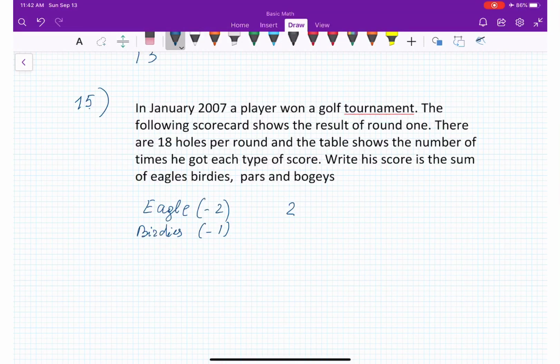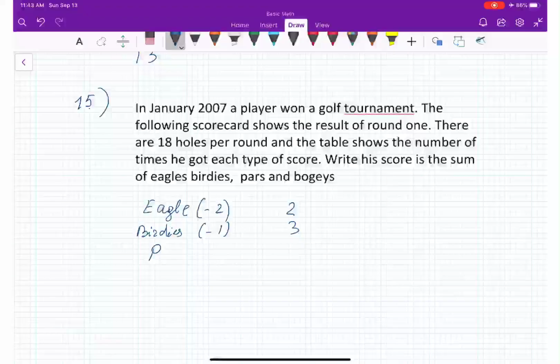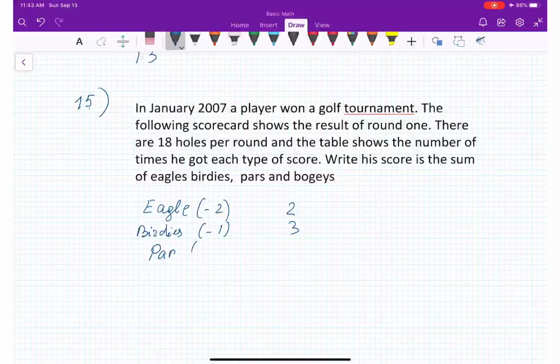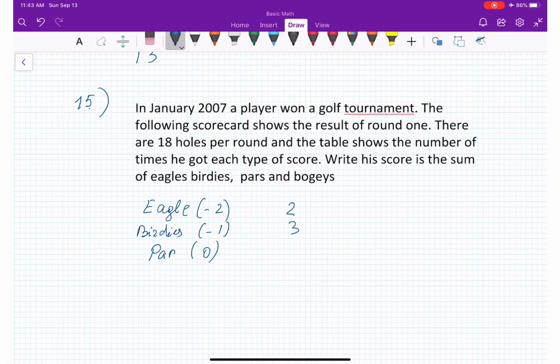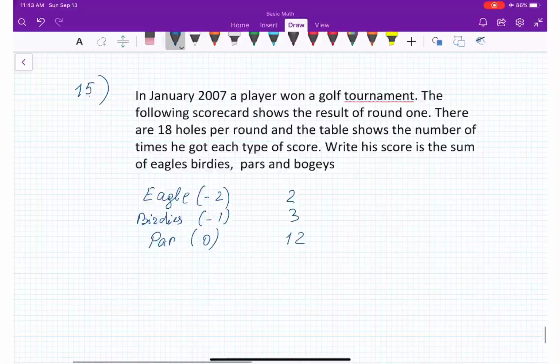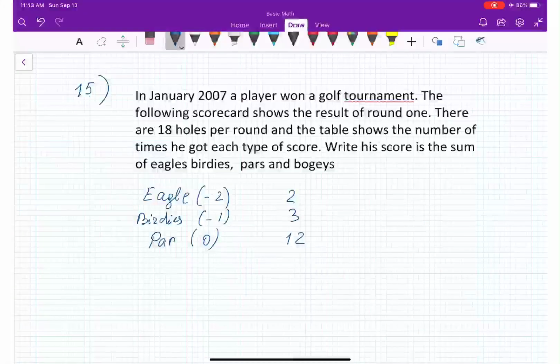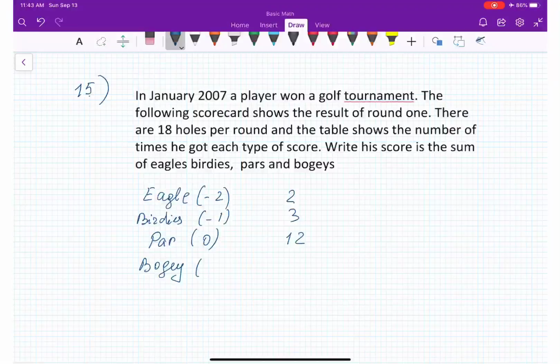Next, par, it's a 0 score. The number of times the score occurred, it's 12 times. And bogey, +1, and the number of times it occurred is 1.